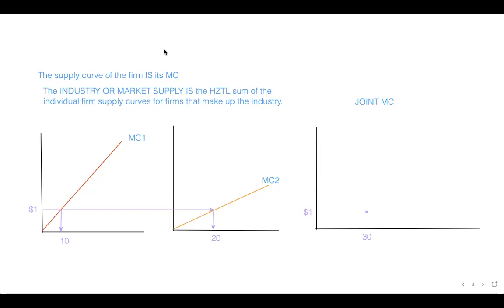Right? So I'll just pass it through there. Okay. And this is the same process for constructing the joint marginal cost curve. So here's a price of $1.